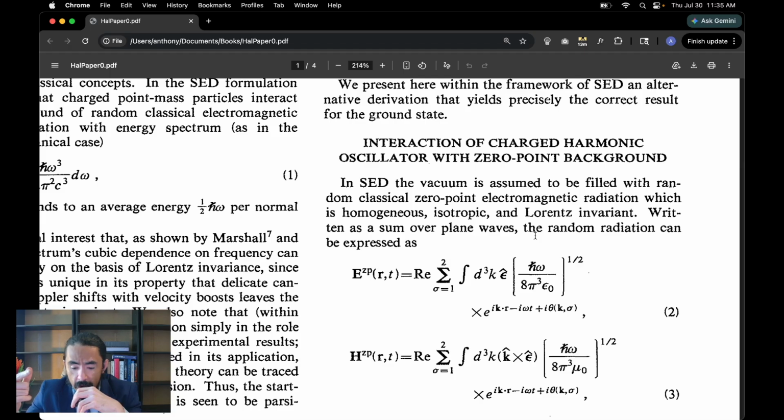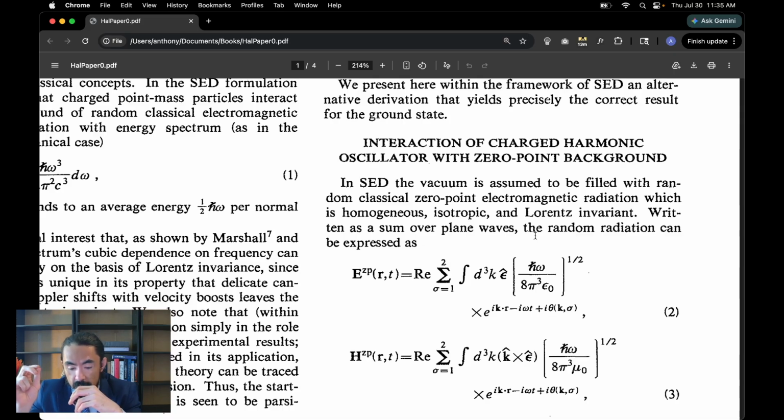So now we have the corresponding stochastic SED magnetic field formulation here. So we have capital H superscript ZP in terms of vector r and t. And again, vector r relates to the position within this field, t is the time.